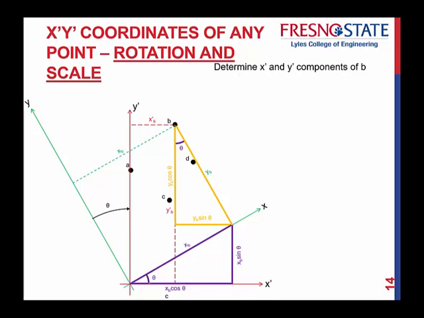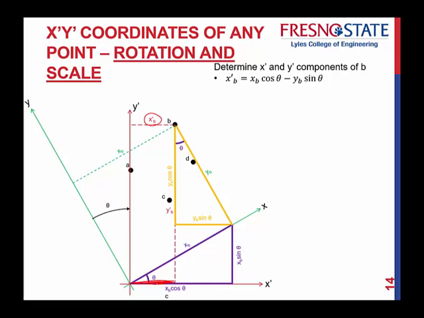What we're looking for to be able to solve for that: if this is the one we're looking for first, let's see what we can figure out here. So x prime of B is what we're looking for, and this is the length that I'm looking for. That's what it references right there.